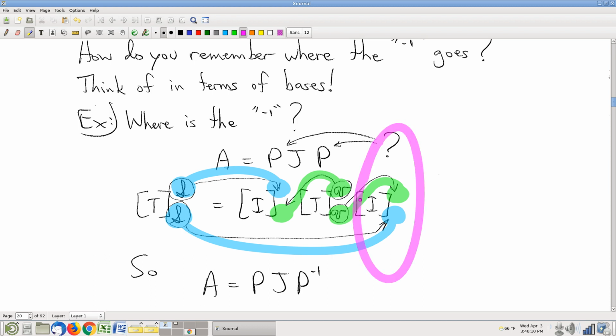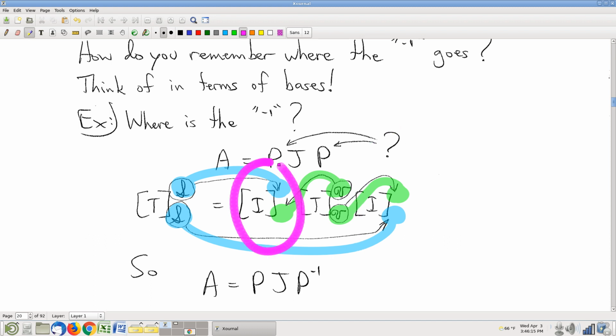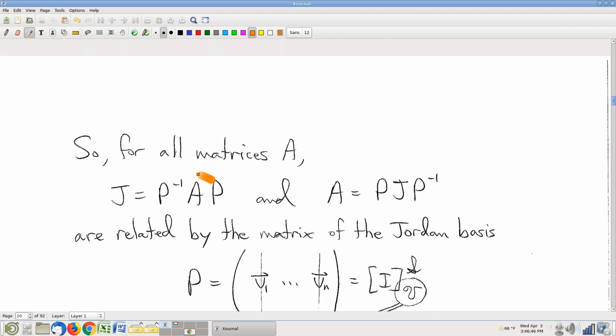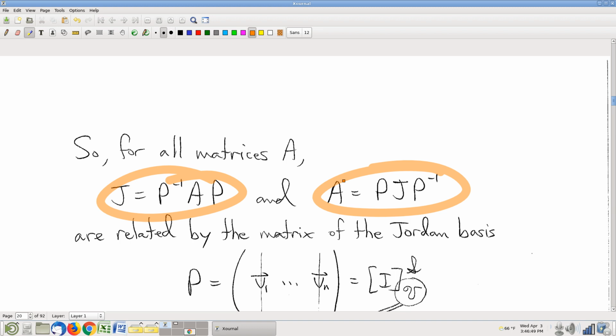That's got to be S to V. This has to be V to S, which is therefore P in the way we have things set up for this question. And therefore the other one is P inverse. This approach will always resolve the confusion, and it's very reliable and not that hard to write down. So please think in these terms in addition to whatever you might memorize. If you want to memorize which way it goes in these two cases, because it comes up a lot, I suppose that's fine.